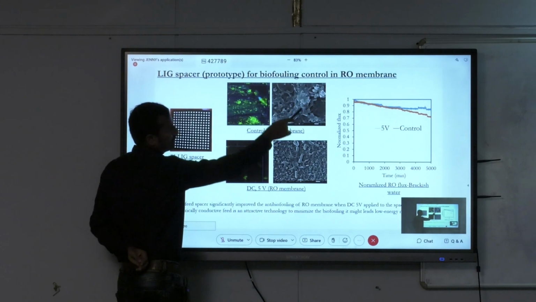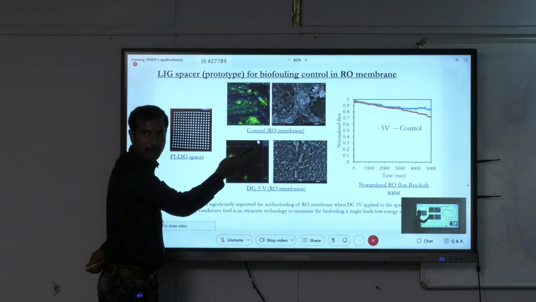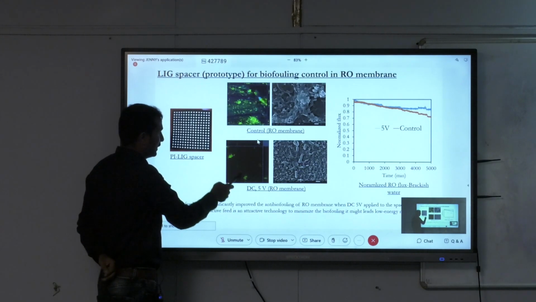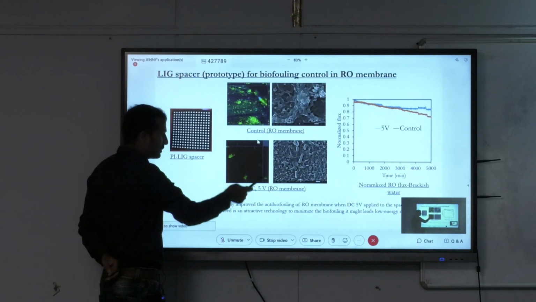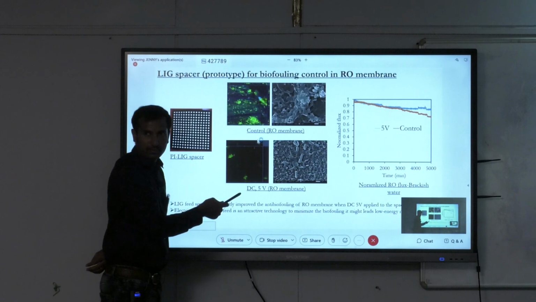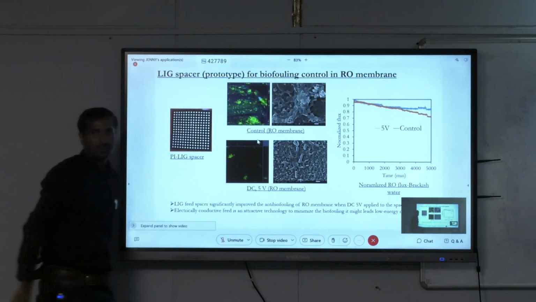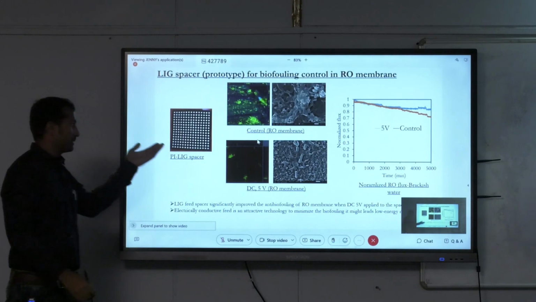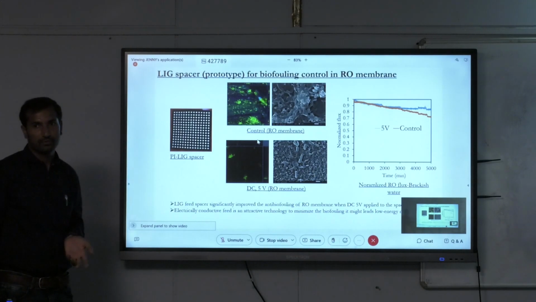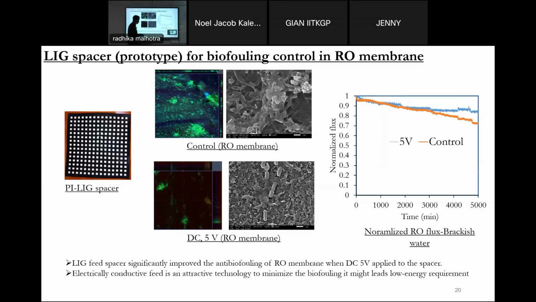Look at these same images, and with the control, here we see some bacterial spots, but there is still significantly low contamination or low biofilms. So, this was an interesting study.